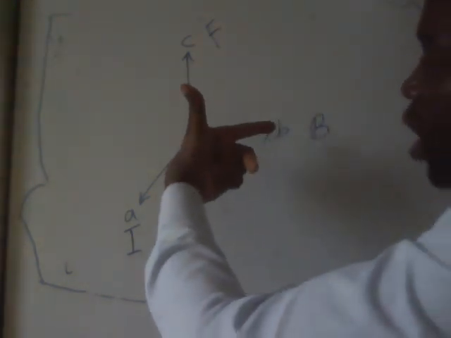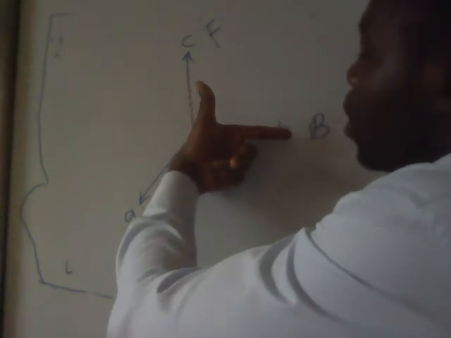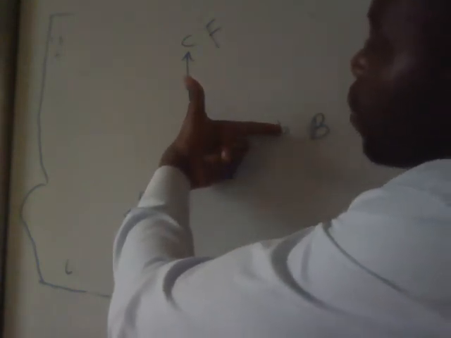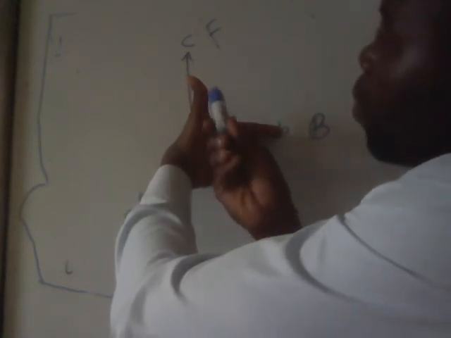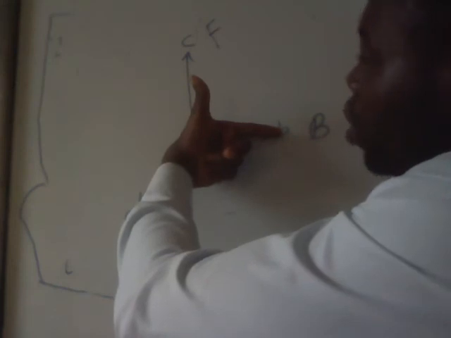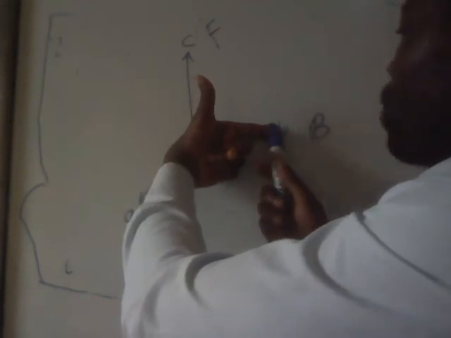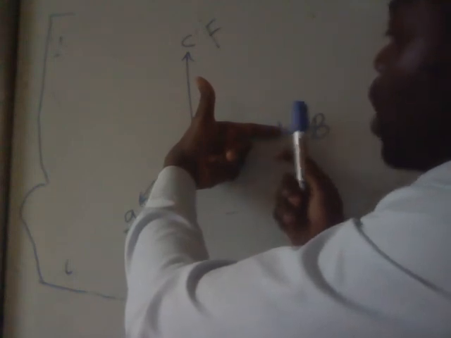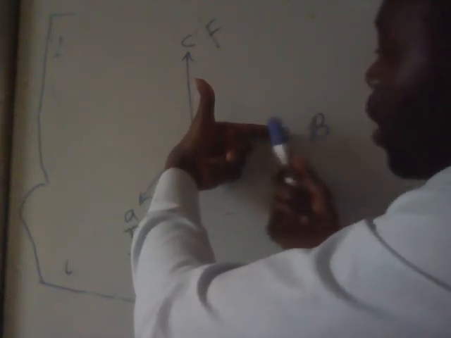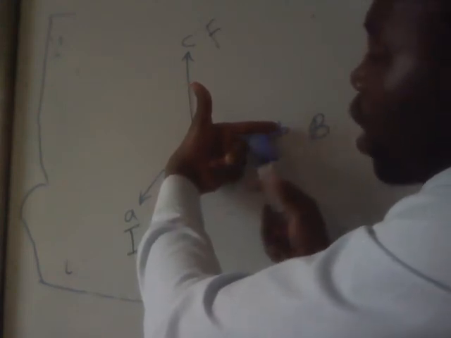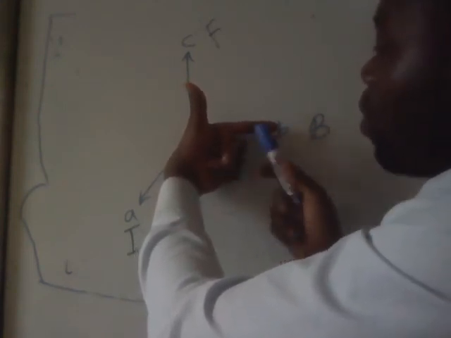So does it match? Look at my thumb. My thumb is pointing in the direction of force, which is motion. My forefinger is pointing in the direction of the magnetic field, which is B. And this second finger, which is always our current, is pointing in this direction.